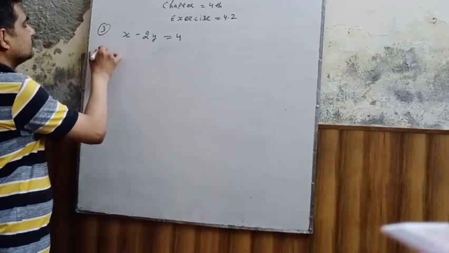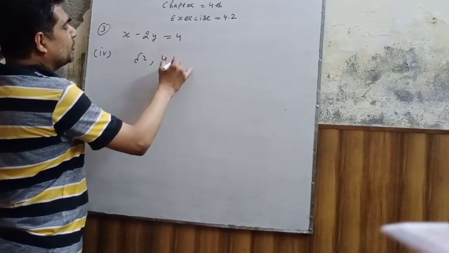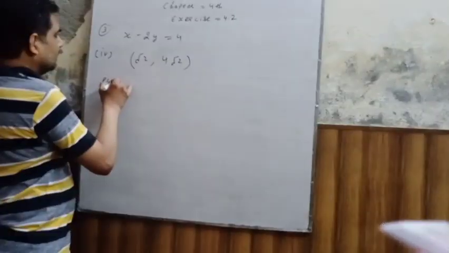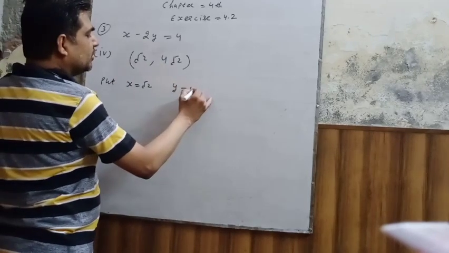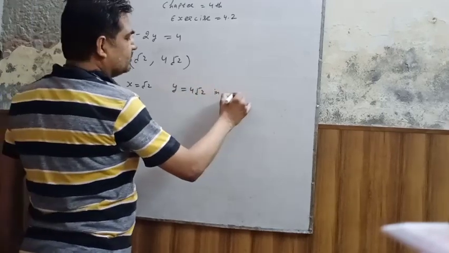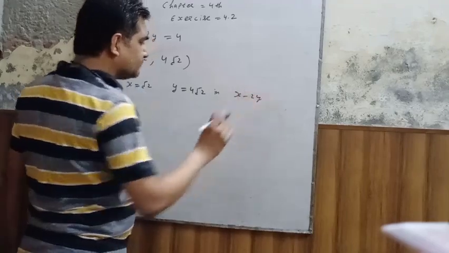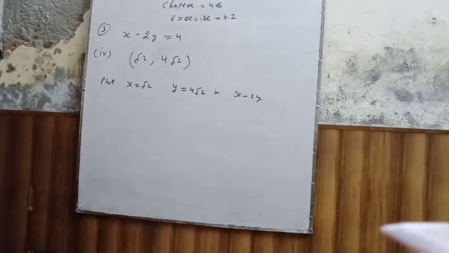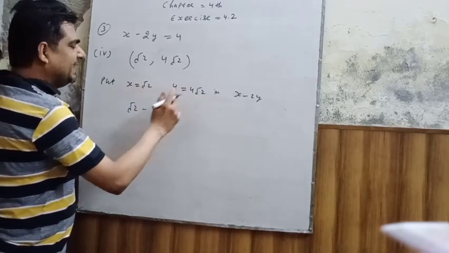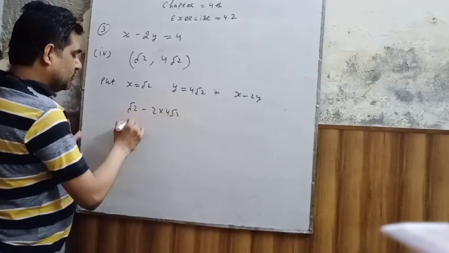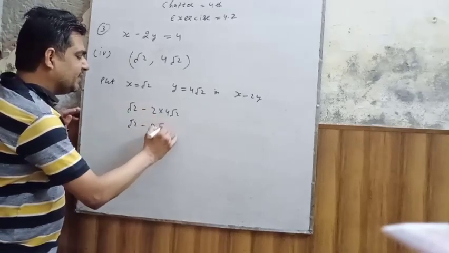Fourth sum, root 2, 4 root 2. This is x, root 2, this is y, 4 root 2, in the equation x minus 2y. Now x is root 2, minus 2, y is 4 root 2. Root 2 minus 4 into 2, 8, minus 8 root 2.